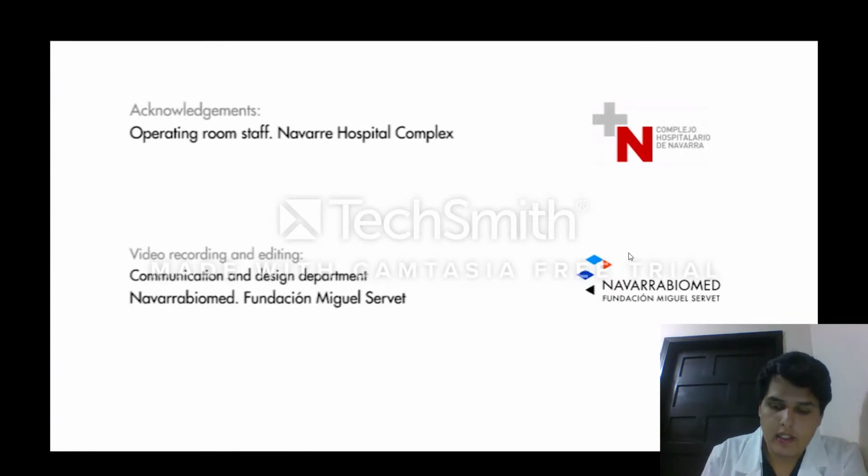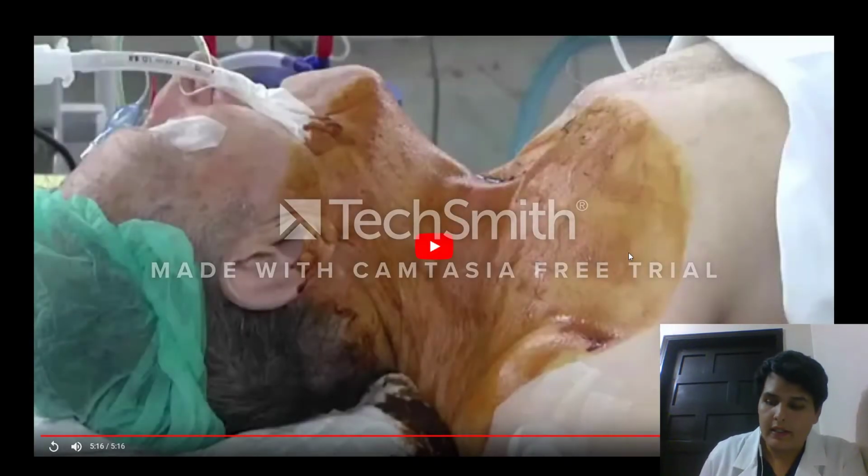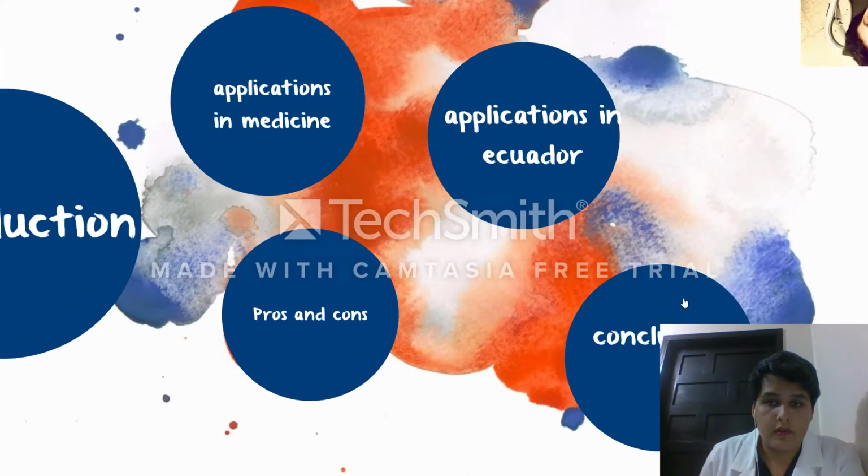This kind of catheter can be used for renal insufficiency, for dialysis.